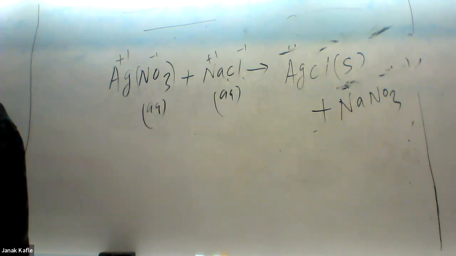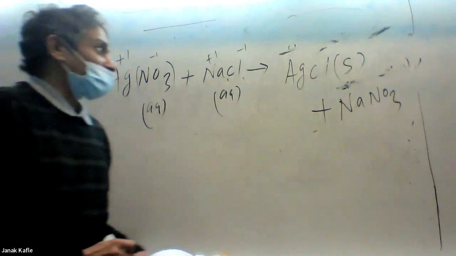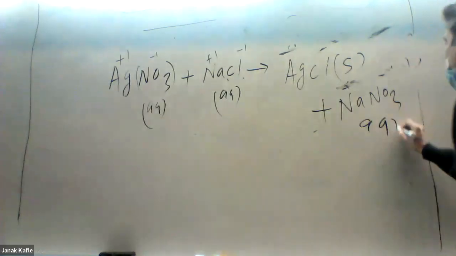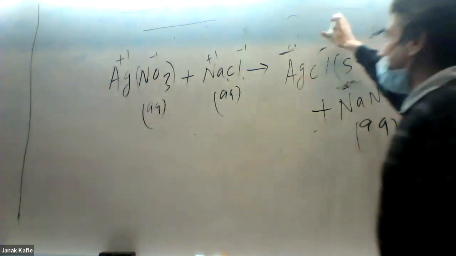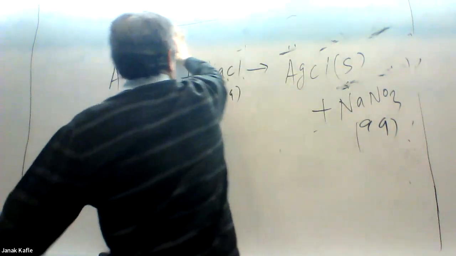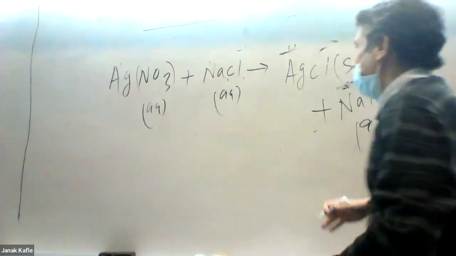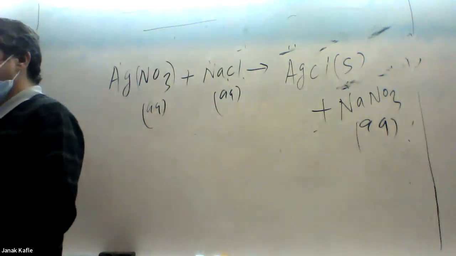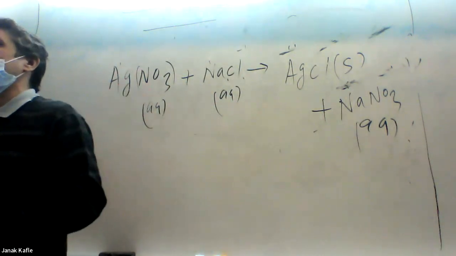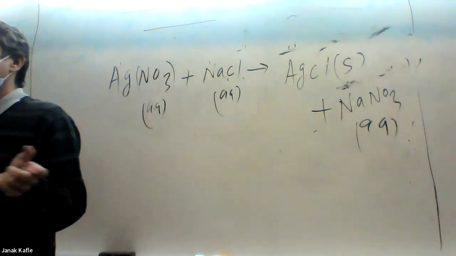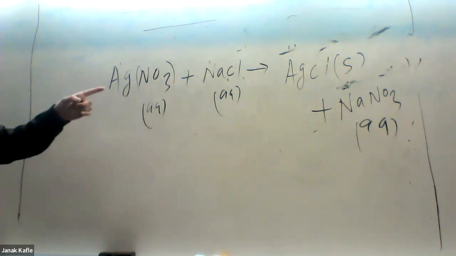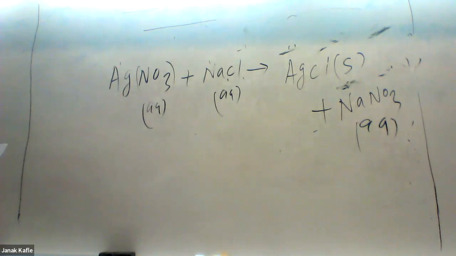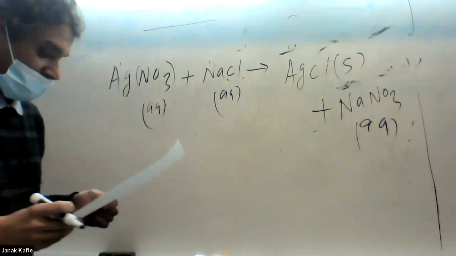NaNO3 is a green button, so that's soluble, and we write (aq). If you write the equation this way, in full, this kind of writing is called a molecular equation, or complete equation. Everybody got that? We write everything like that.